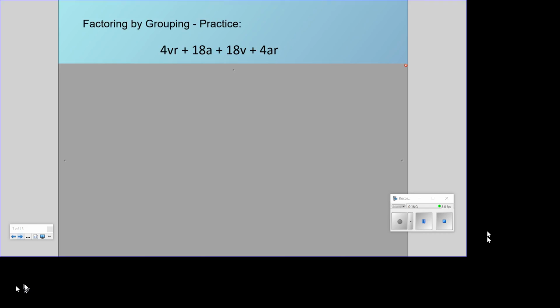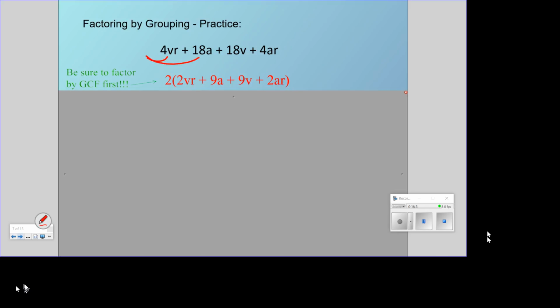Then with what's left, we will build on with the remaining methods. So in this problem, notice that a 2 is shared as a common factor throughout the entire expression. So your first order of business is to pull a 2 out of all 4 terms and write what's left from each term once that 2 is factored out.